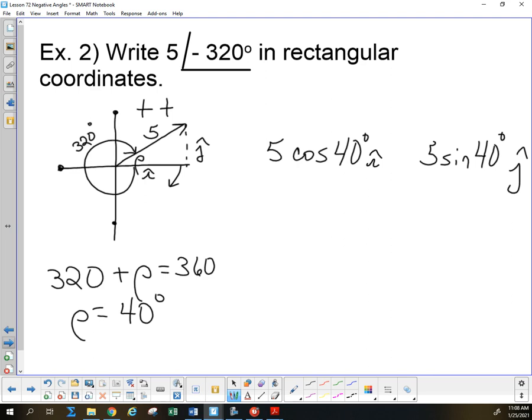And because I know from my required picture, you must draw the sketch, I end up in the first quadrant. Both of those need to be positive. So then all you need to do is punch it in on the calculator, and you should have 3.830, rounding to 3 places, for i hat, plus 3.214 when we round to 3 places for the j hat.